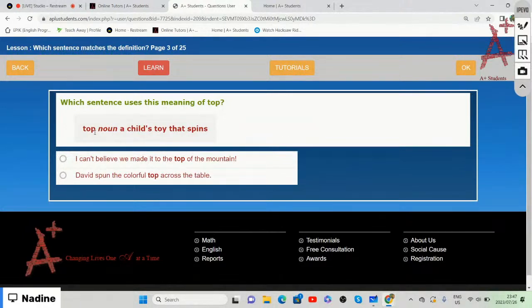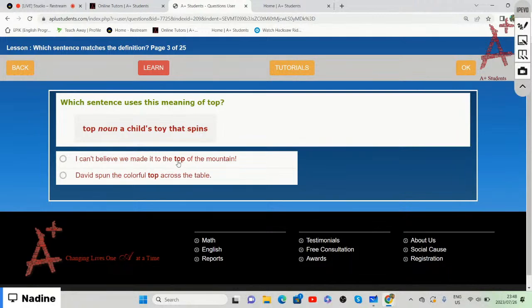And then top, which is a noun, a child's toy that spins. I can't believe we made it to the top of the mountain, or David spun the colorful top across the table.